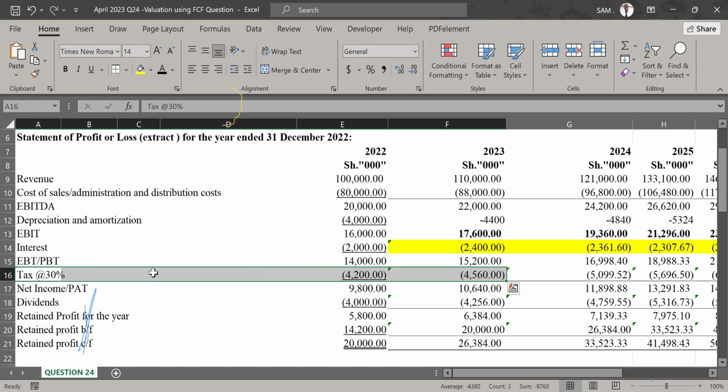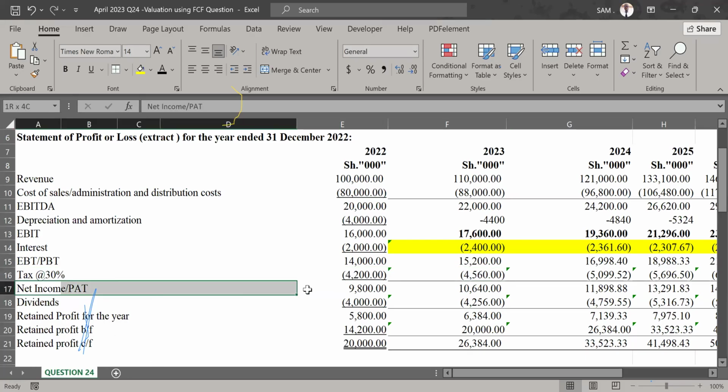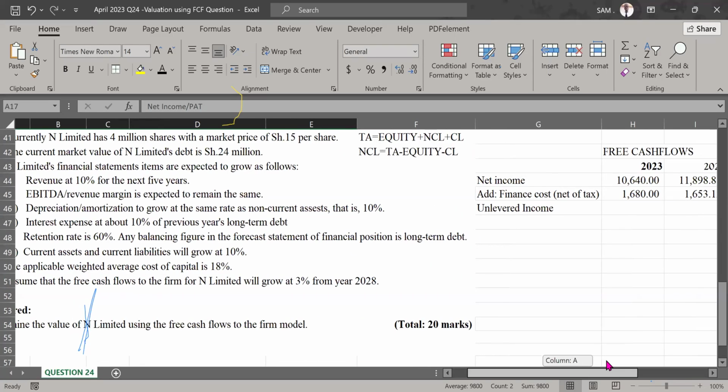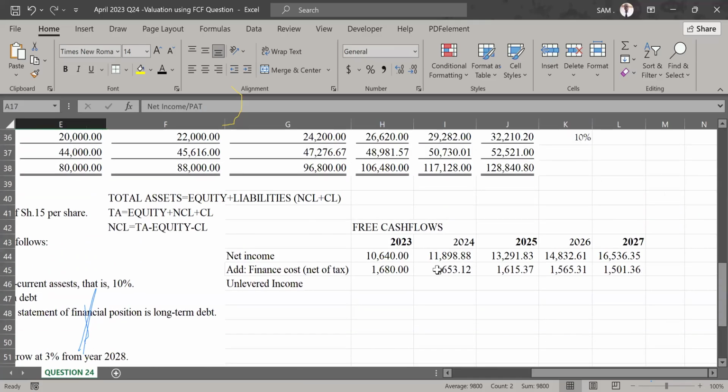But because we are starting from a profit where it has already been charged, when adding back our interest, we bring the interest net of tax because tax has already affected the overall income. The income we picked is income after tax, net income. That's why when we bring this finance cost and add it back, we bring it net of tax. That is what free cash flows demands us to do. It's clear, because tax was already charged.